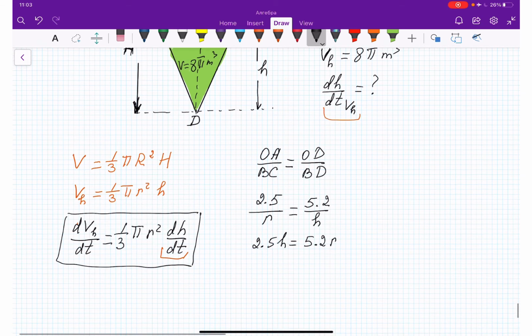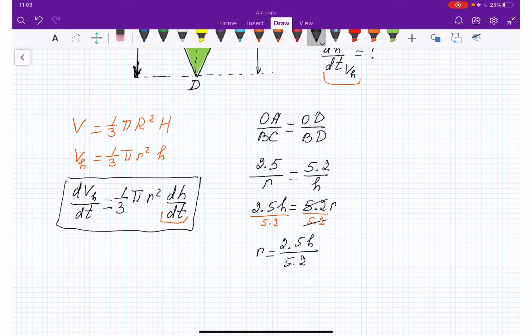Yes? And r from here is equal, we are going to divide by 5.2 here, right, to get r, and 5.2 here. So our r is going to be equal 2.5h over 5.2. And this is gone with this. So we got our lowercase r expressed through h.